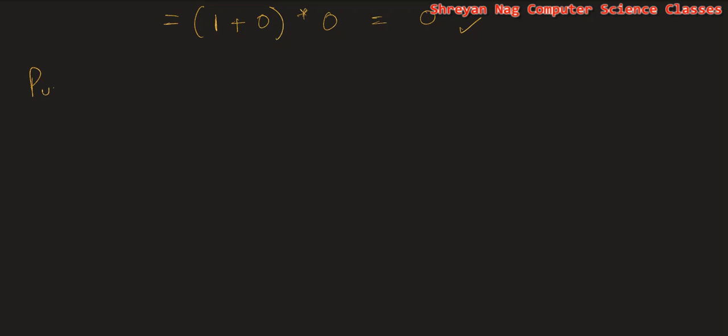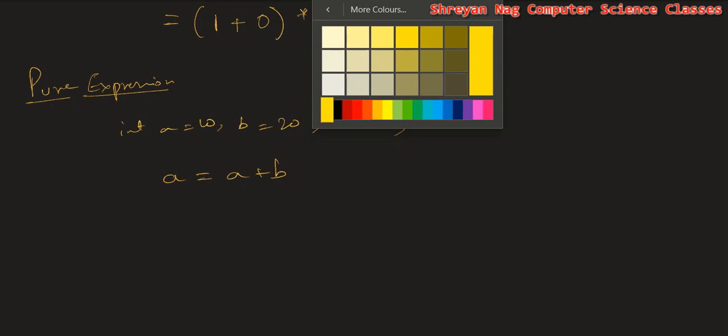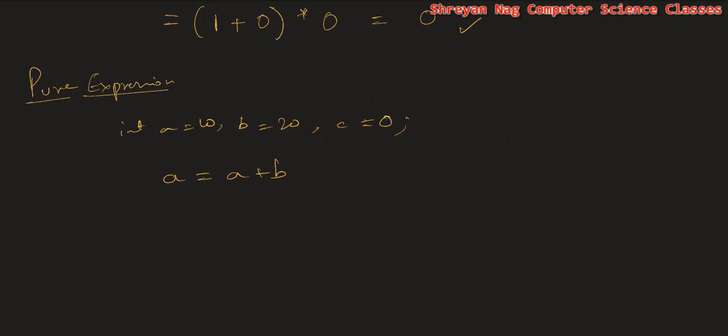For example, pure expression. Suppose int a equals 10, b equals 20, and c equals something. Let's initialize it by 0. So c equals a plus b. Let us increase the thickness of the pencil. a plus b.